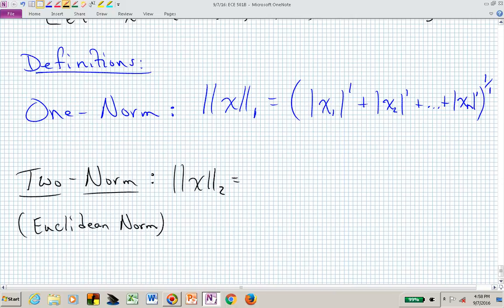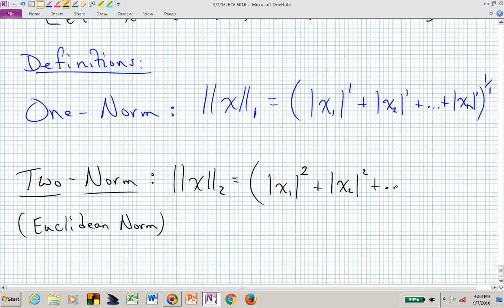norm. The 2 norm of x is, if we use the same strategy, we take the magnitude of x1, or its modulus, and then we square it. We take the second coordinate, its modulus, and square it.